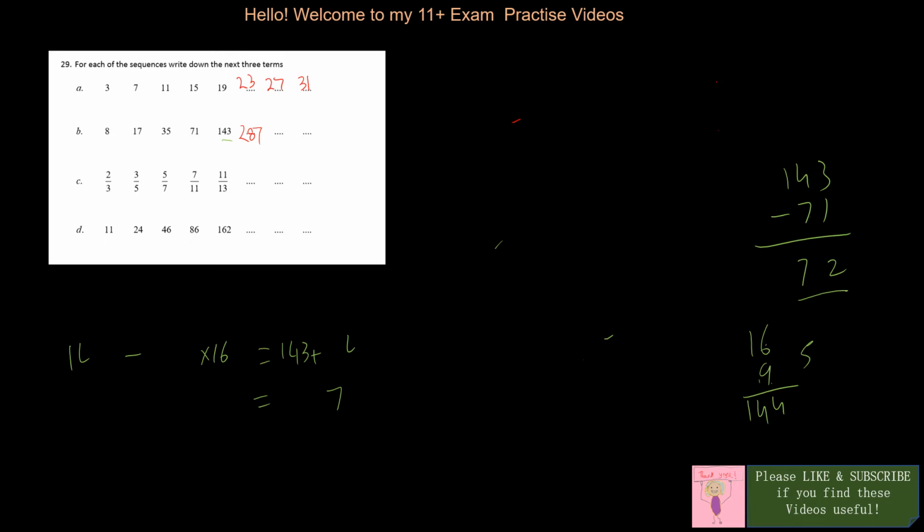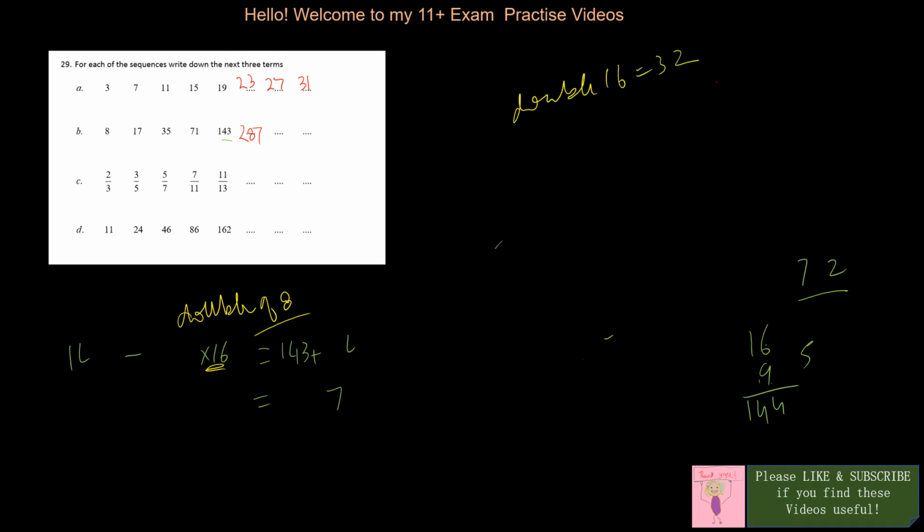So we multiplied with 16, which is double of 8. Previously we did double of 4. Double of 8 is 16, double of 4 is 8. Now double of 16 is 32.